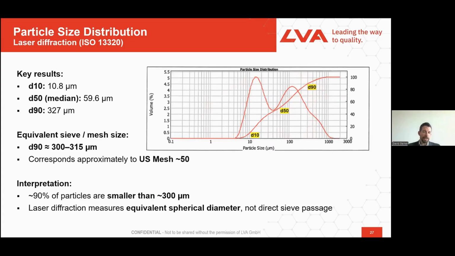And in our case, this value was around 300 micrometers, which corresponds roughly to a US mesh size of 50. So this indicates again that the material is a very fine powder and already suggests that a very good level of homogeneity was reached.